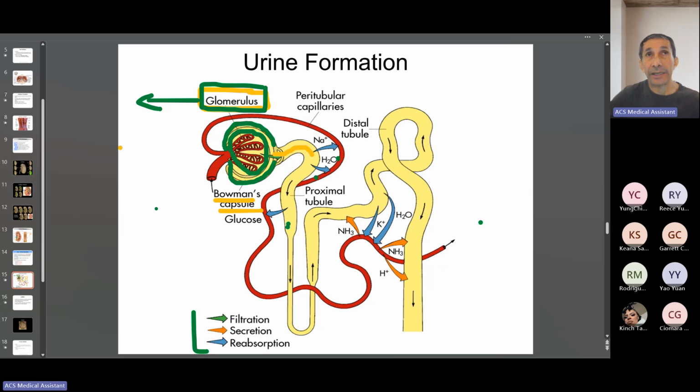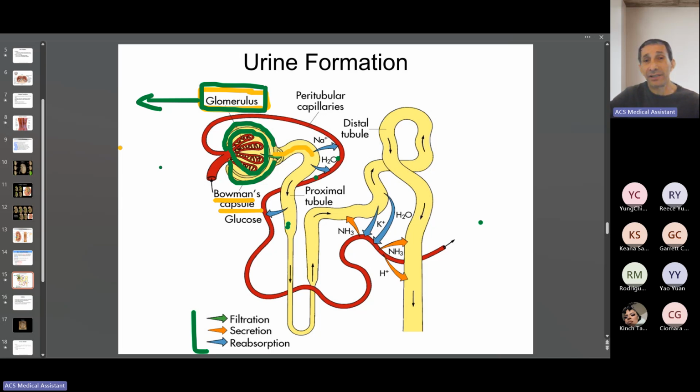So where does filtration take place during urine formation? The glomerulus. And what is the glomerulus? A bunch of capillaries that makes up a filter. Now remember, filters sometimes allow something that is not supposed to pass through it.